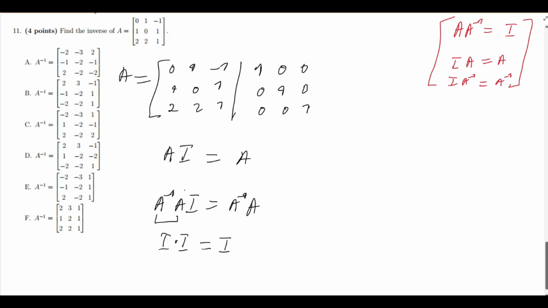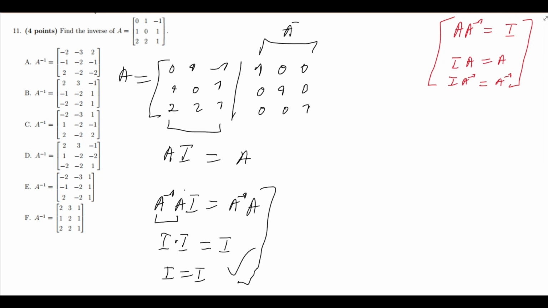What do we know? I multiplied with I will give us I, the identity matrix. So this is true. Meaning that if we're able to carry out a computation with this matrix such that we get our identity matrix, whatever is going to be here will be the inverse, right? From here, it's simply going to be the inverse. So that is the whole idea behind this.